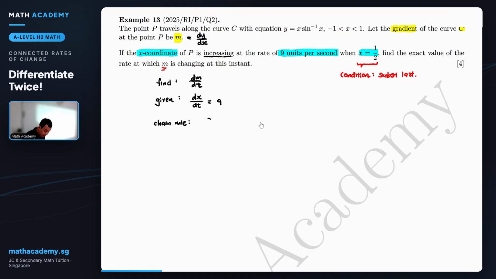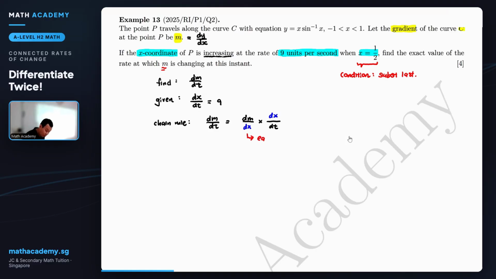If I want to find dm dt, let's perform a split. The last variable I have is dx. Again, with this planned out, what do we need to do from this?